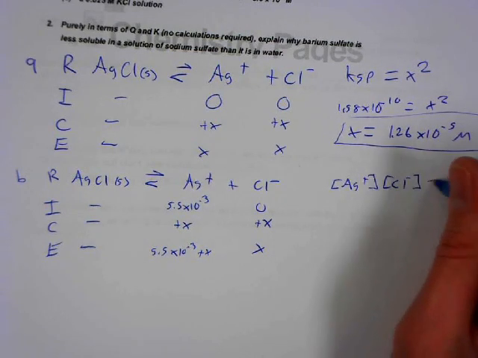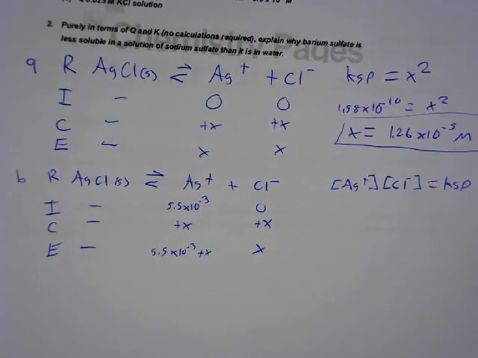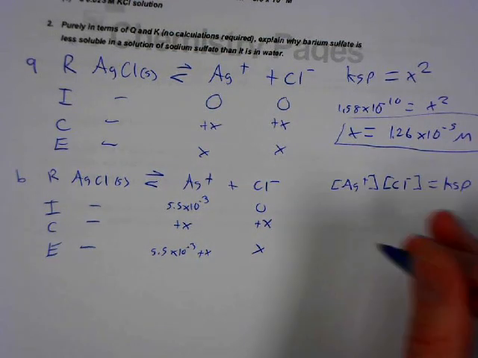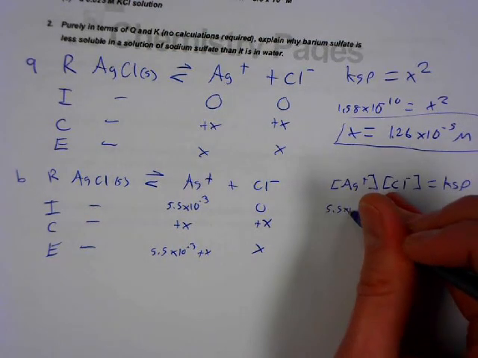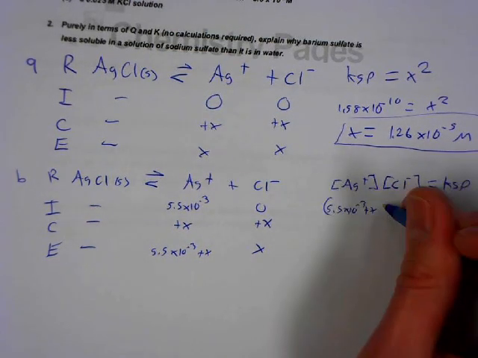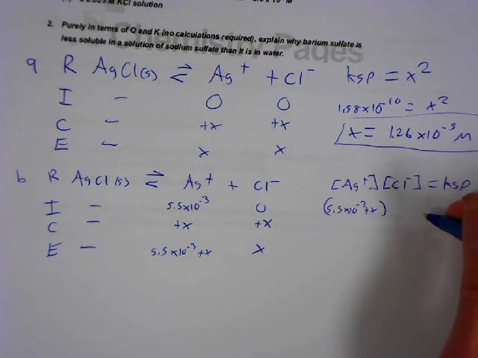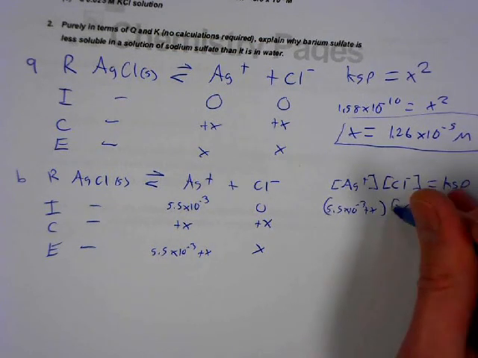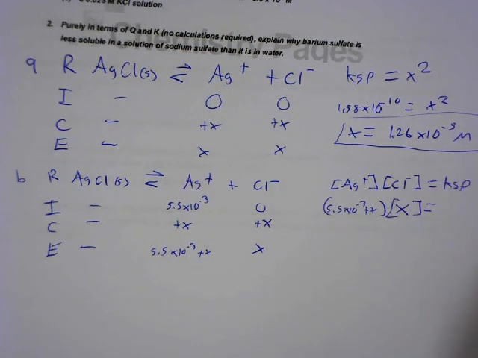So we have to sub that into our Ksp, right? So I know that my concentration of Ag plus times the concentration of Cl minus is equal to Ksp.